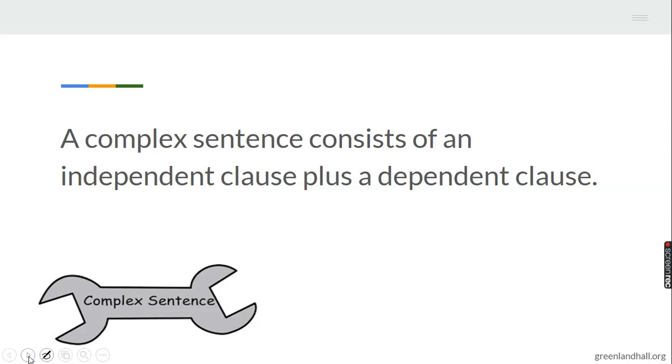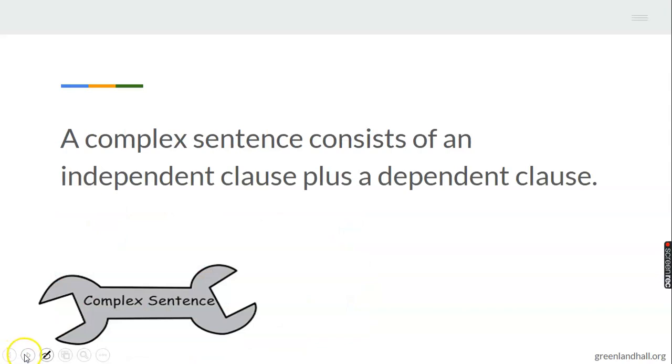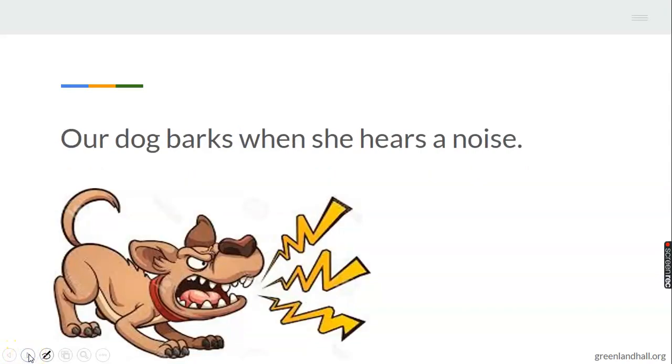Let's move on to complex. A complex sentence consists of an independent clause plus a dependent clause. Now, independent means you are not standing on anybody, but dependent means you are depending on something. You can't do it on your own. You can't do it alone. All right. A dog barks when she hears a noise.